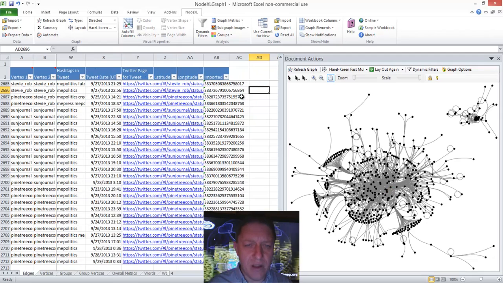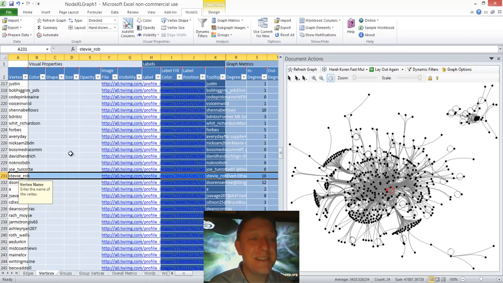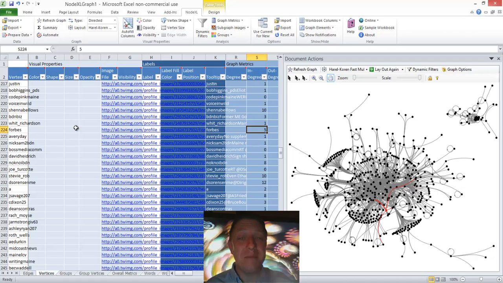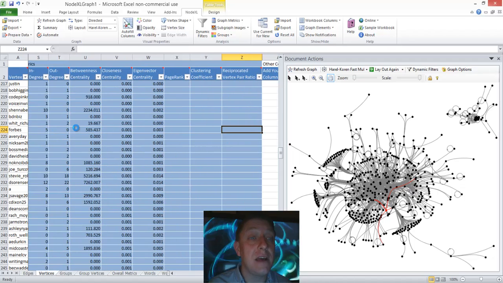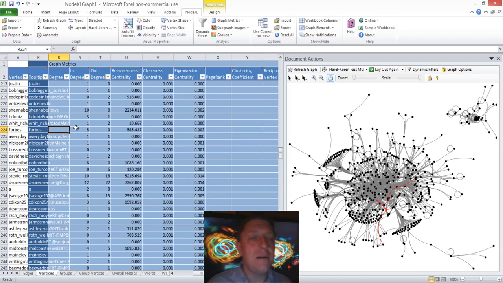What we should have here that would be in vertices is a set of, see, I made a mistake. If we look in vertices, we also have a list of calculations you should be familiar with. Degree, in degree and out degree.